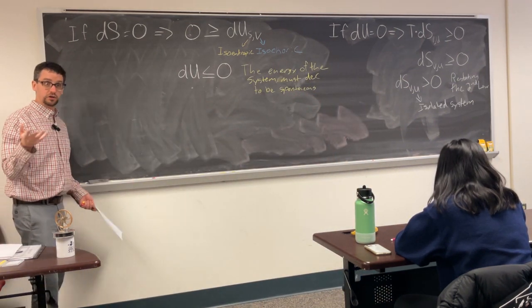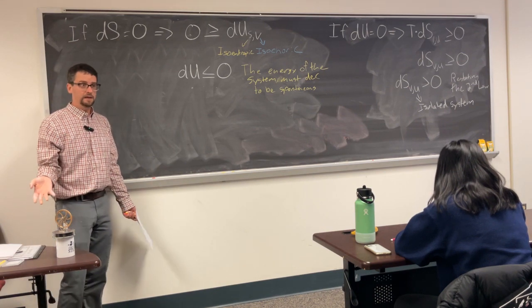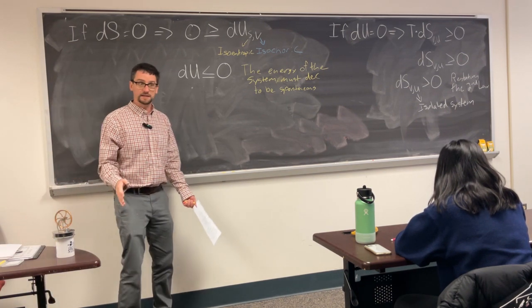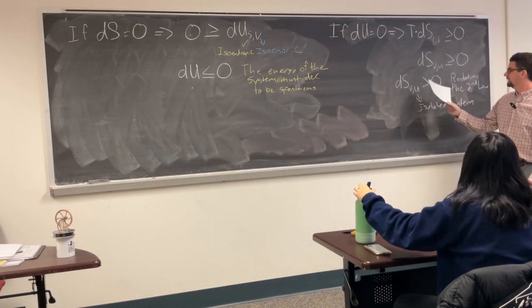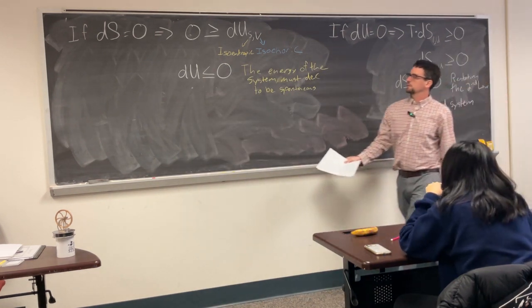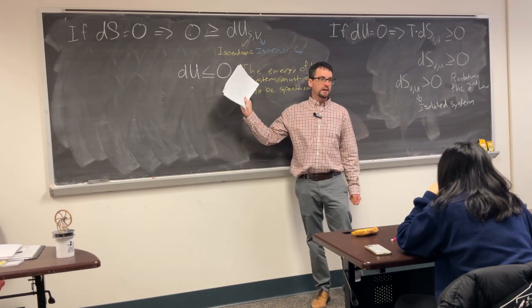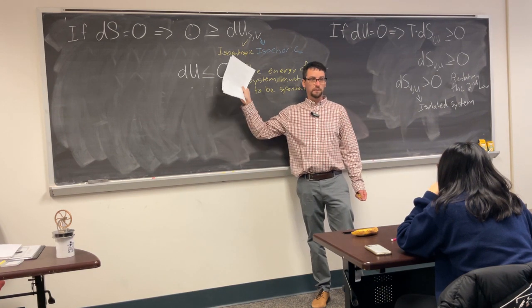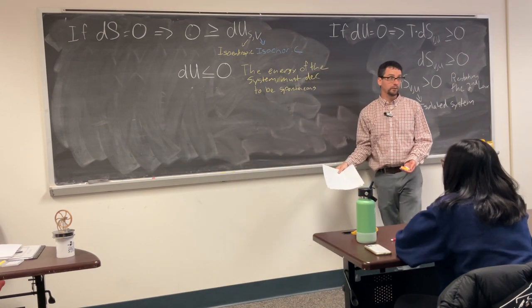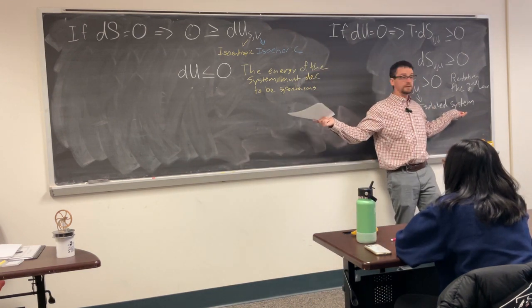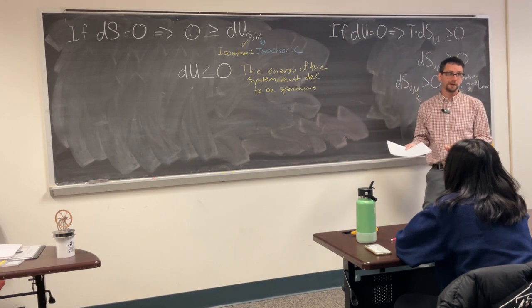Those are the things that you just told me had to happen to make a process favorable, right? You said entropy had to increase, and then you said that you had to lose energy, or the products had to be lower in energy than the reactants to be the most favorable, right? That's inherently what's going on here.